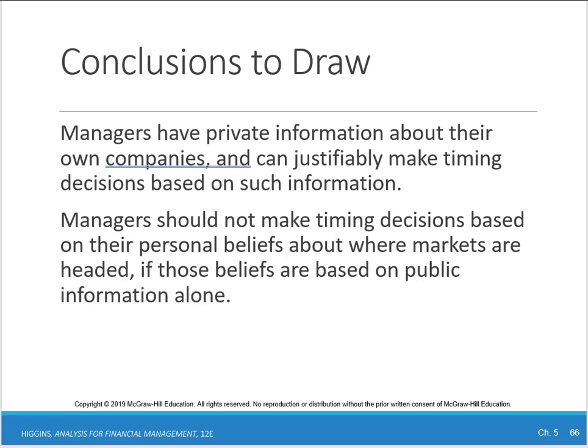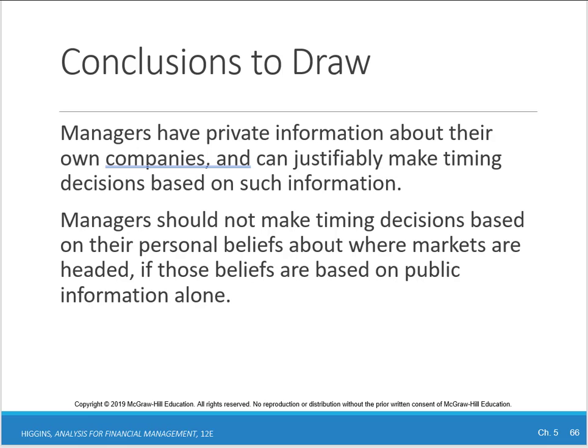If those beliefs are based on public information alone, it's not all the information. So, again, managers can make some decisions, but the only rationality for their decisions is they know things that nobody else knows.